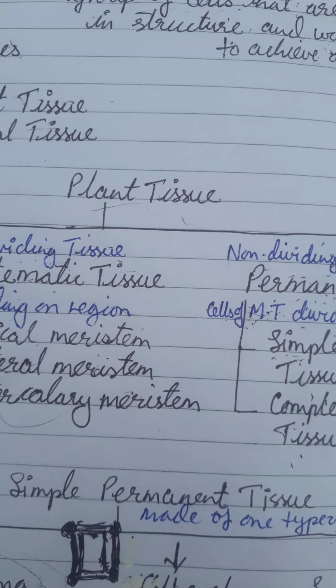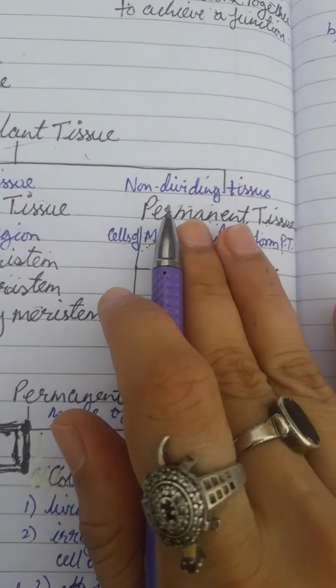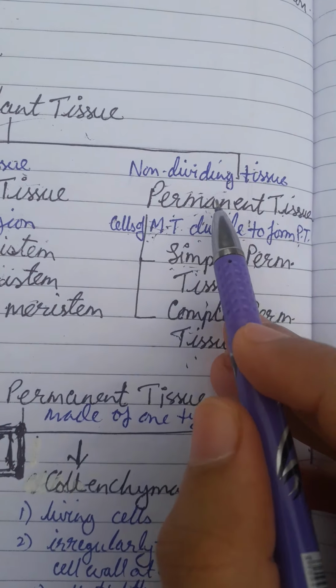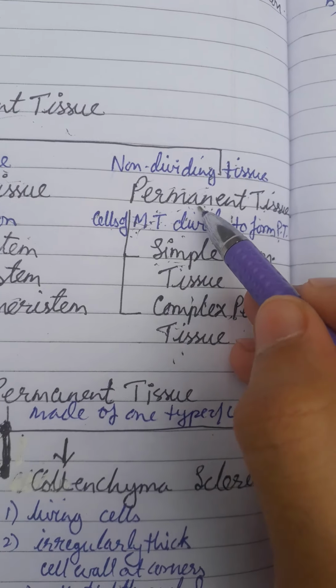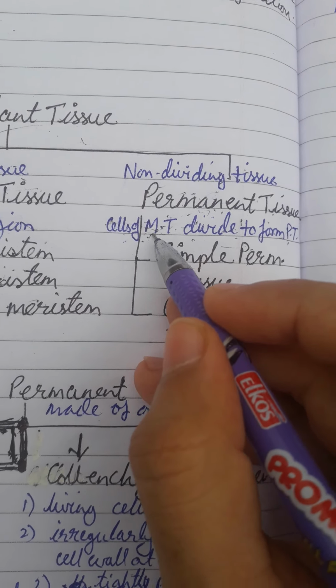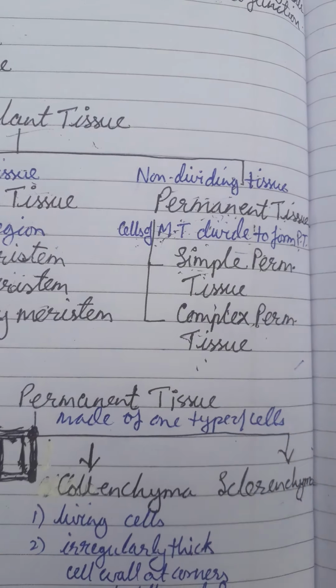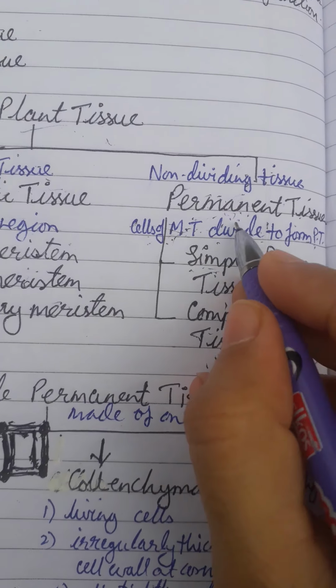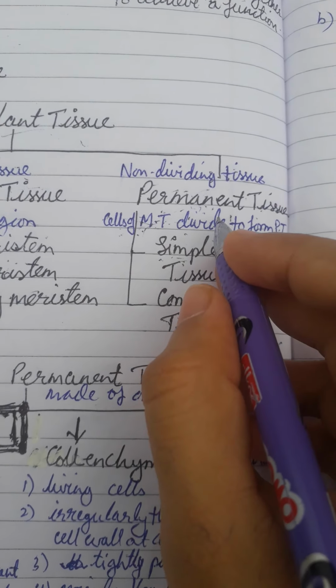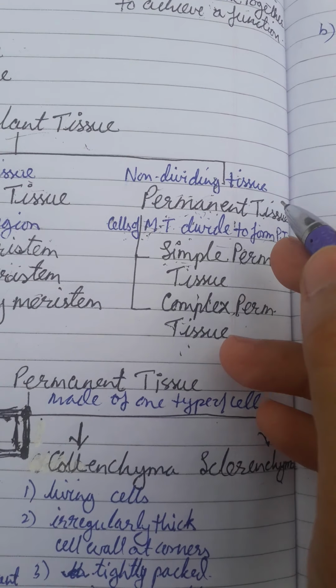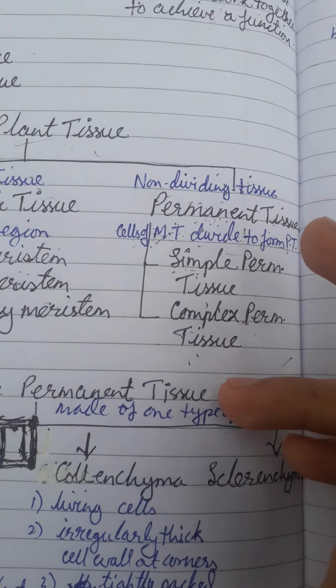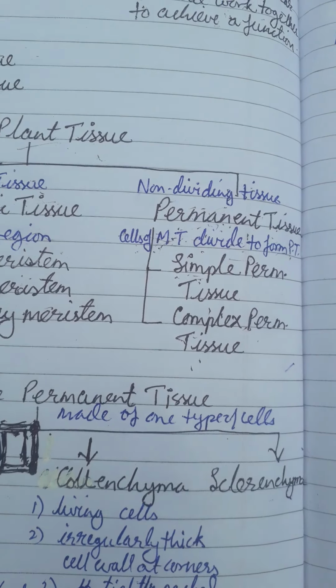Clear? Now coming to the permanent tissue. The permanent tissues are formed from the cells of the meristematic tissues. The meristematic tissues divide and differentiate to form the permanent tissue. Now you must want to know what is differentiation.